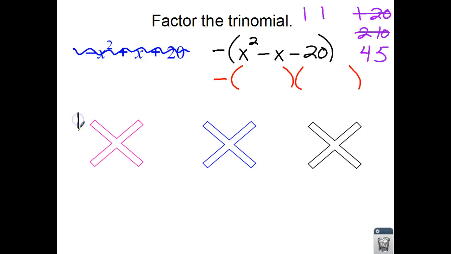We have a 1 and a 1 for our a, and then we have some type of 4 and 5, and let's play around with the signs. What do we need? We need that b to be a negative 1, and if we're adding up these two terms in the middle, I know that my larger number would have to take on that negative sign, so we'll go negative, and then the 4 would have to be our positive.